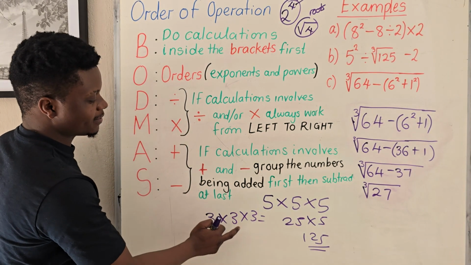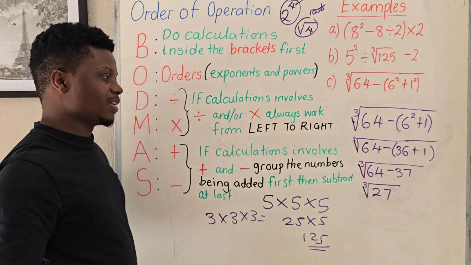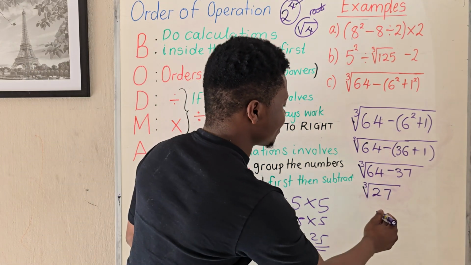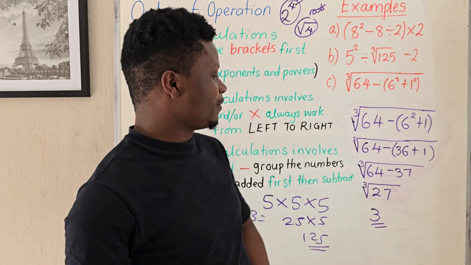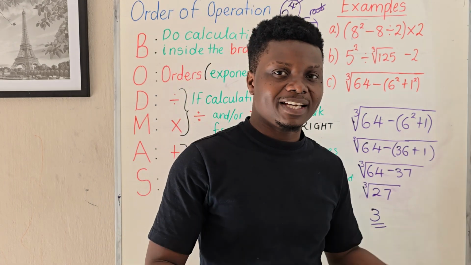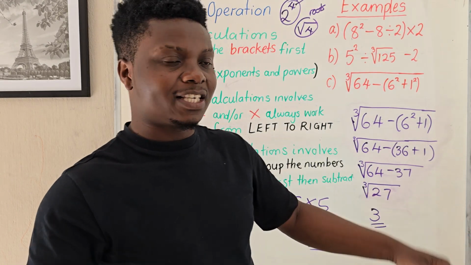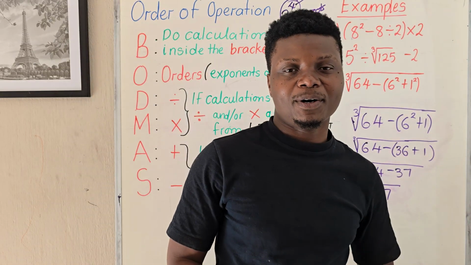You don't say 3, 6, 9, but 3 times 3 is 9. 9 times 3 is 27. So the cube root of 27 is 3. And that's it. This is how we simplify any expressions that have to do with addition, powers, exponents, and division and multiplication.